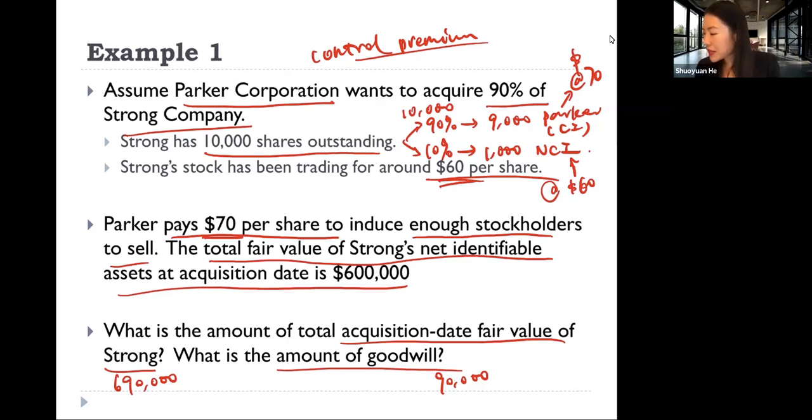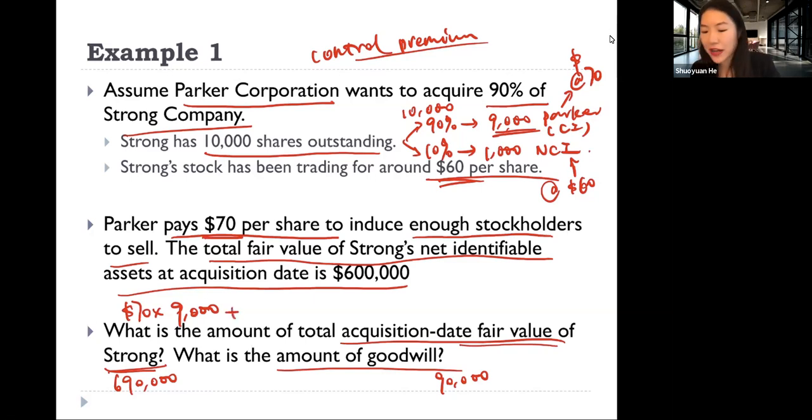And the total acquisition date fair value of Strong is basically the consideration transferred plus the fair value of Strong's non-controlling interest. And what is the consideration transferred? Consideration transferred is $70 per share multiplied by 9,000 shares. So this is what is paid by Parker.